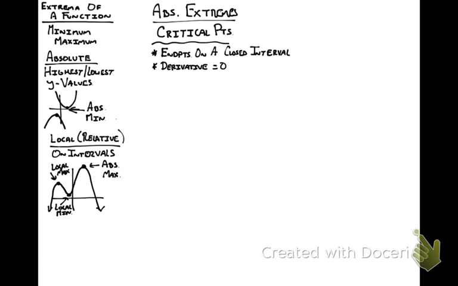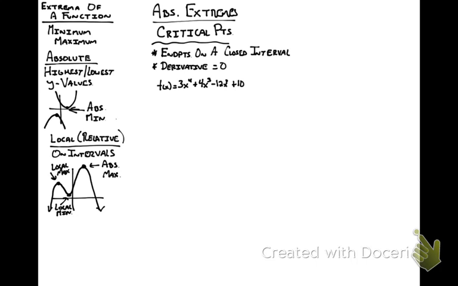That's where we're focusing. So for example, say we were to look at the function f of x equals 3x to the fourth plus 4x cubed minus 12x squared plus 10.